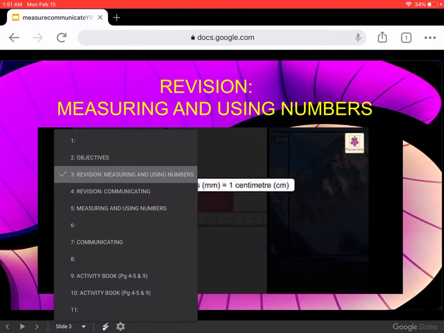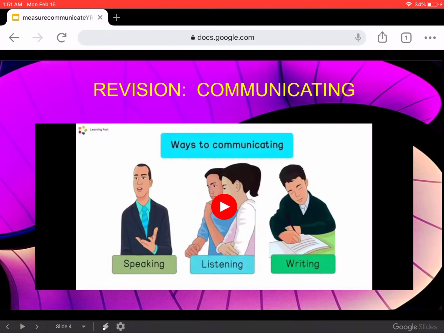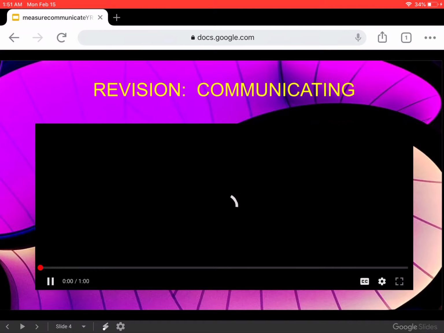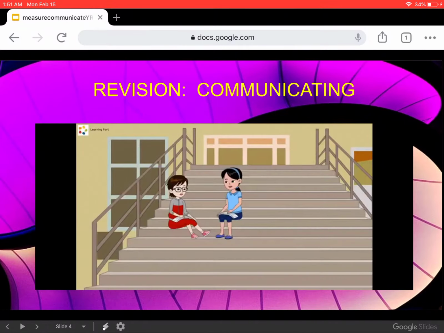Next, let's do a quick revision about communicating. You also have learned about this topic during year 2. After a class experiment, Lana is sharing the results of the experiment with Sarah.